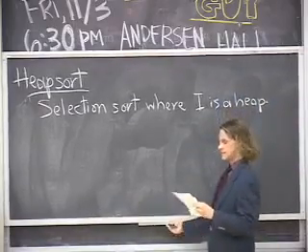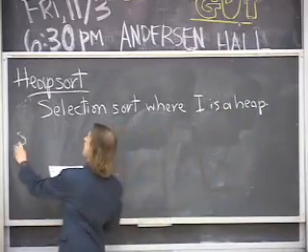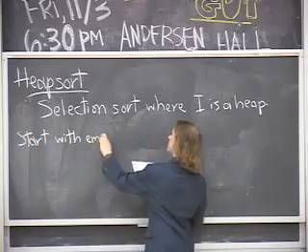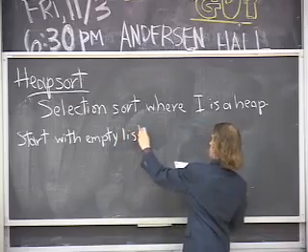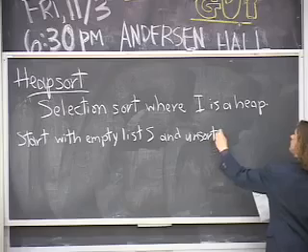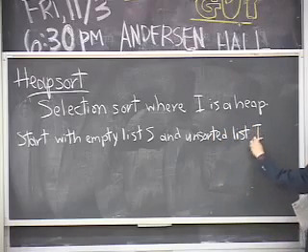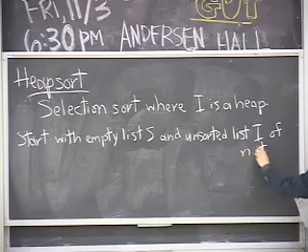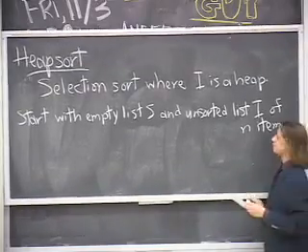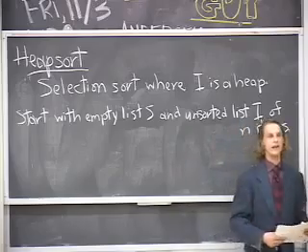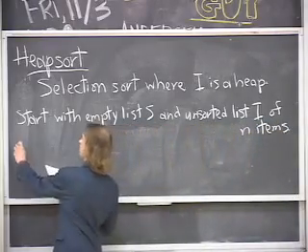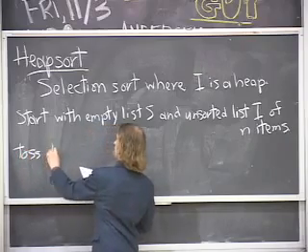So here's the details. Once again, we start with an empty list S and an unsorted list I of n items. And first thing we're going to do is we want to make a heap. The fastest way to do that is this. We toss all the items onto a heap, initially ignoring the order.